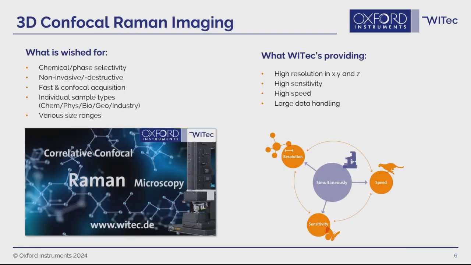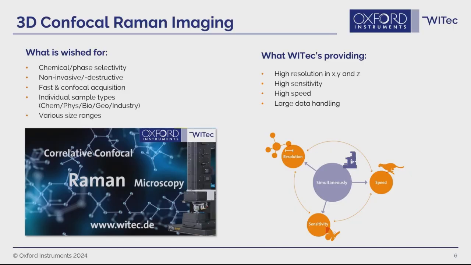Let's talk about 3D confocal Raman imaging. To carry out high quality, high performance 3D Raman imaging, we wish for several things like a chemical and phase selectivity. We want a non-invasive and non-destructive method. It should be fast and of course confocal.